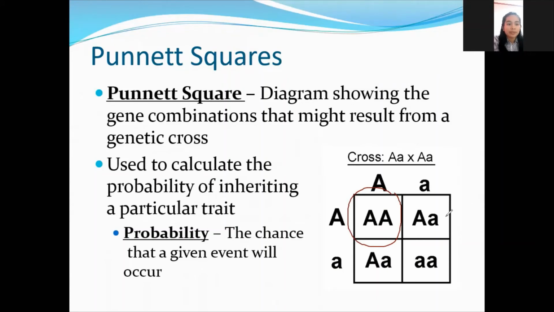Okay, so 100% divided by 4, those are 25%. So we have here 25% homozygous dominant. We have here 25% heterozygous, and then another 25% heterozygous, so 50% heterozygous, and then another 25% homozygous recessive. So that should be your findings.